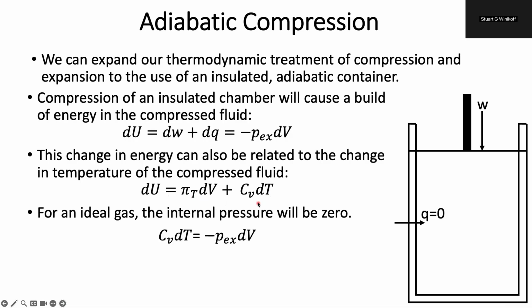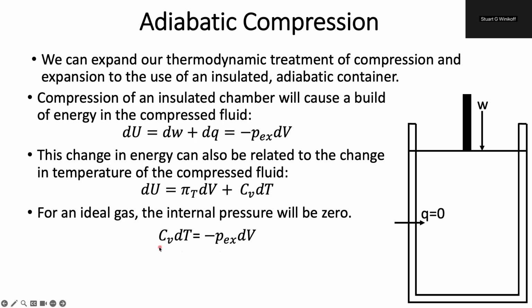So if I'm looking at an ideal system, as we often like starting with, this means that the internal pressure term is zero. So this intermolecular forces volume dependency drops out. And all I'm left with is relating the changes in internal energy to heat capacity. That means I can relate the change in temperature to the change in volume here by relating the work to the increase of temperature inside the system.